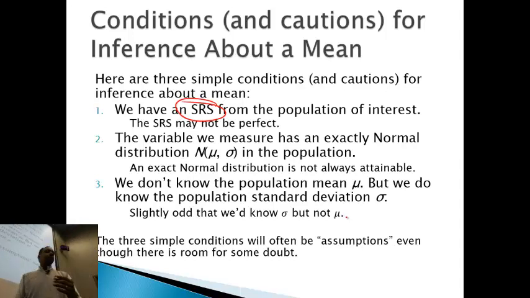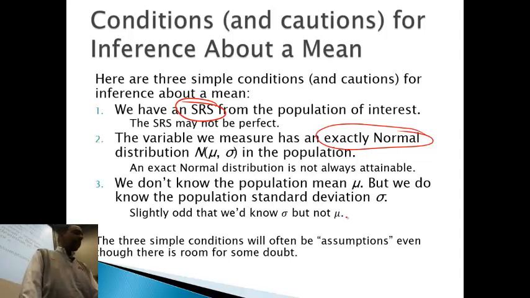Okay, so that's the goal, is to have a simple random sample, but it may not be perfectly random. They talk a little bit about an exact normal distribution here. There's always room for error there. And it's kind of interesting. We don't know mu, but somehow we know sigma. So I always found that to be curious.